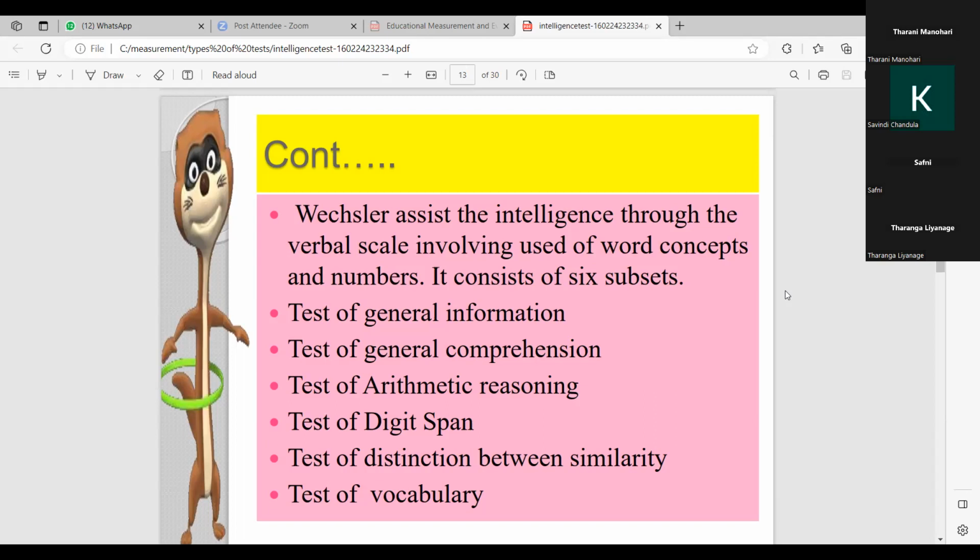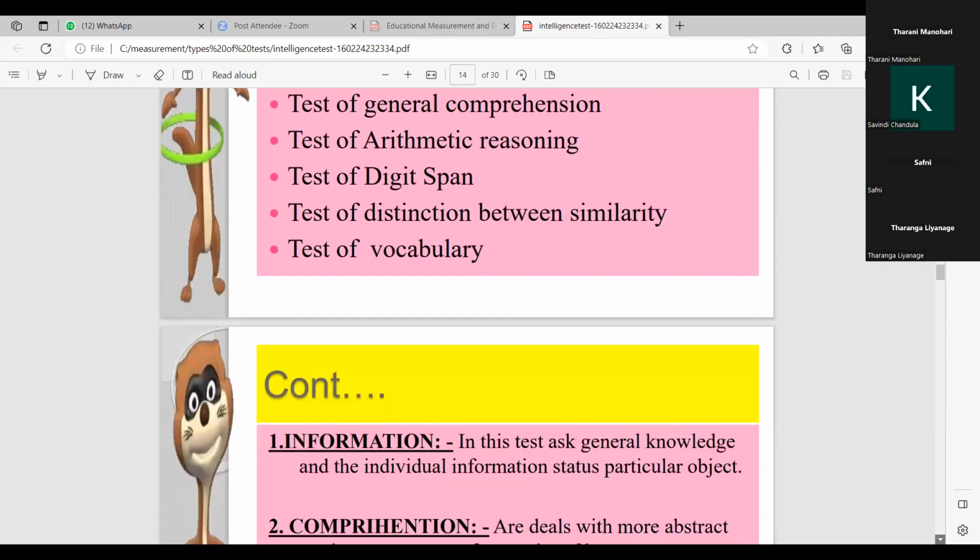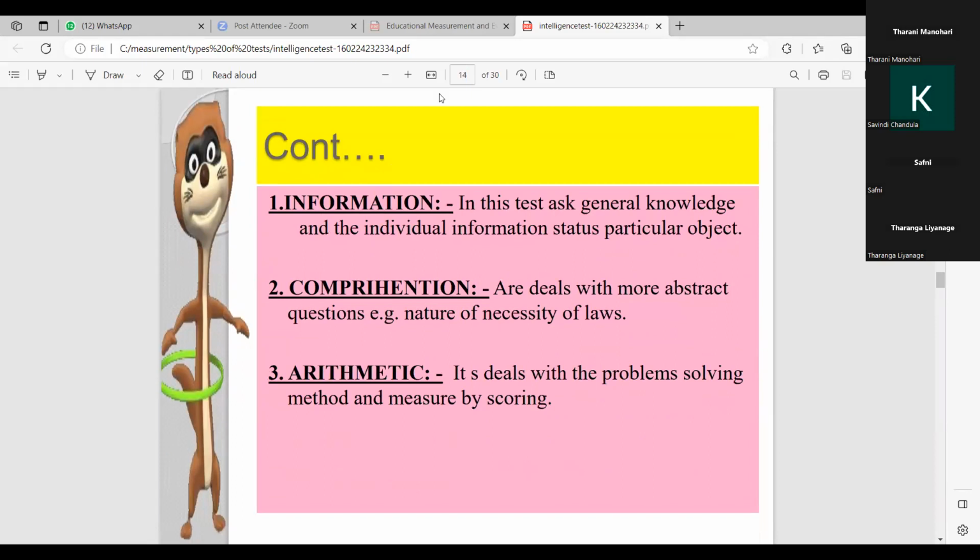Then the test of vocabulary. Vocabulary tests are there. Then there can be information tests. In this test, general knowledge questions are there, and the individual information status, right?